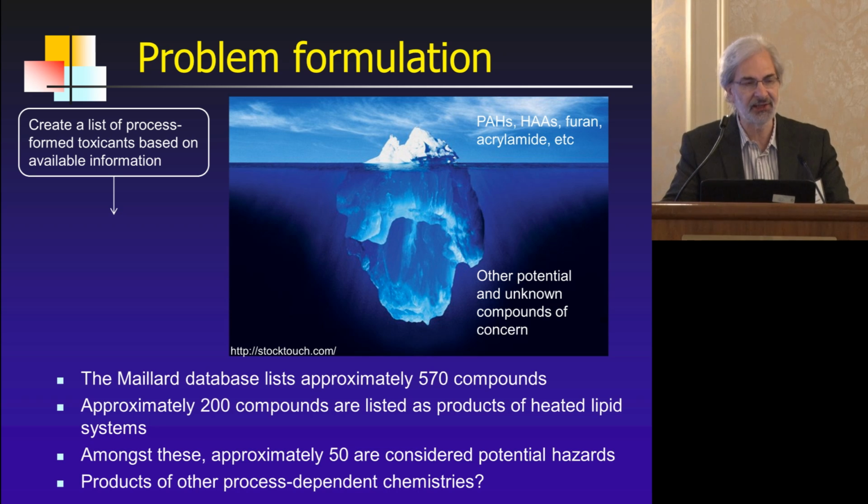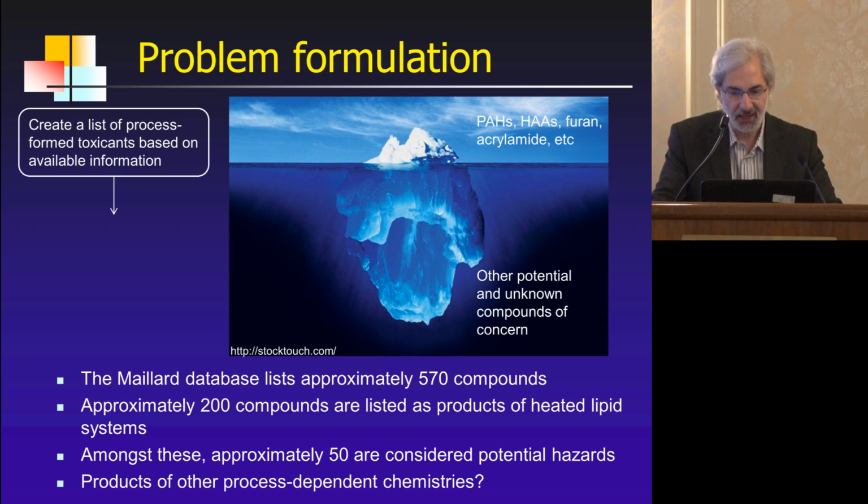In addition, heating lipids produce at least 200 other compounds. So we now have our list of 770, pushing 800 compounds. And we know that at least 50 of these are potential hazards. They cause toxicological effects when animals are exposed to them.